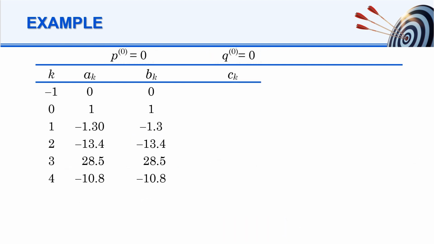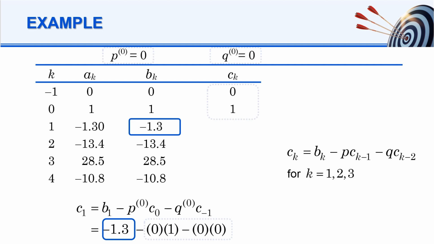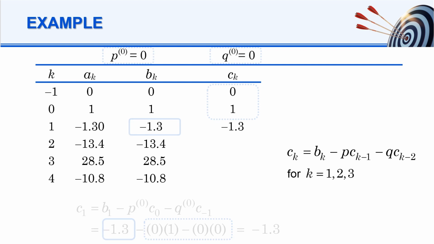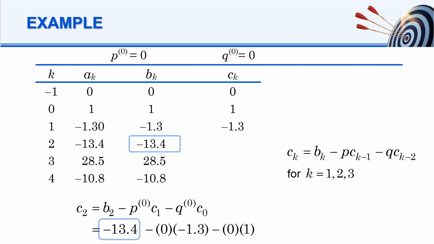Now, we will calculate the array of C values, which is also described by the following recurrence relationship. The starting values for C are 0 and 1. Using b1, c0, and c sub minus 1, we find c1 as minus 1.3 as follows. For k equals 2, the relationship for c2 requires b2, c1, and c0, along with p0 and q0.